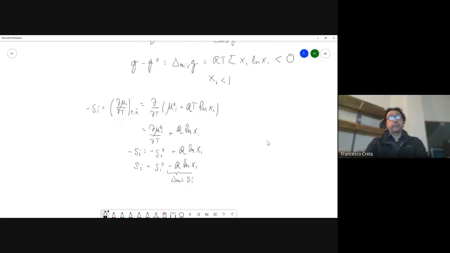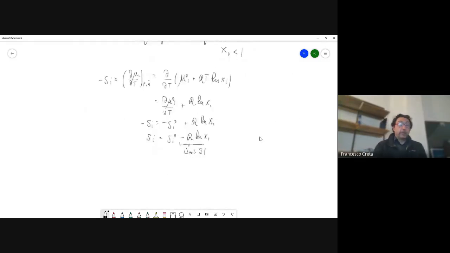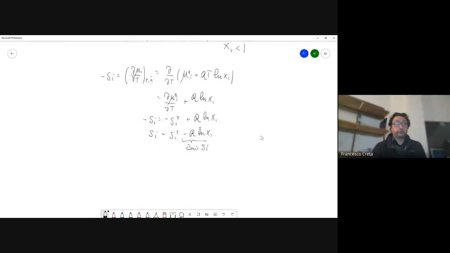Very similar to what we did before, the entropy is an extensive quantity, so for the entropy we can write the partial molar quantity times the number of moles. The specific quantity is the lowercase s, while this is capital.